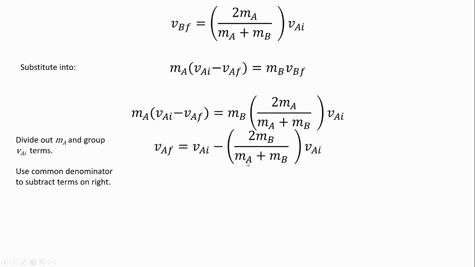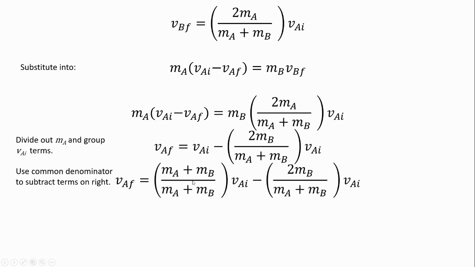So use a common denominator to subtract these terms on the right, because we have VA initial here. So to factor this, we use a common denominator. So it looks like this. Just multiplying this term by MA plus MB over MA plus MB. That puts them over a common denominator, and we can factor the VA initial out, and we end up with this term.